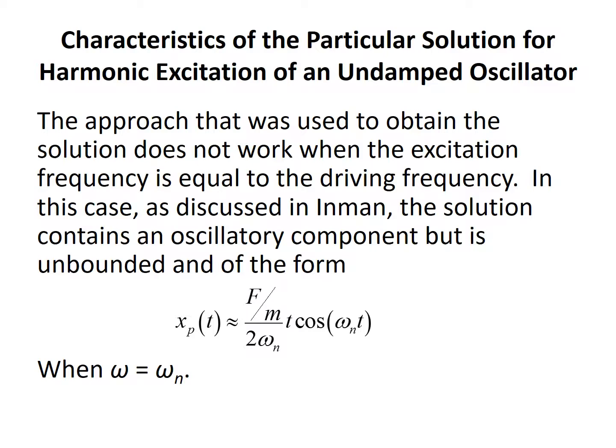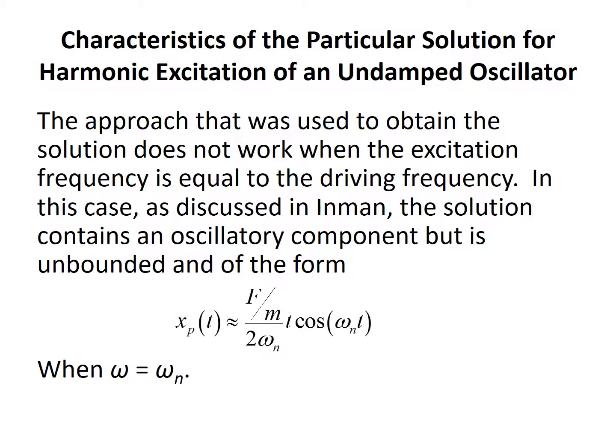We aren't going to go through this in detail, but if you do this, you'll see that when omega is equal to omega sub n, the solution contains an oscillatory component, cosine omega nt, but it also is unbounded because the particular solution has the variable t in its amplitude.